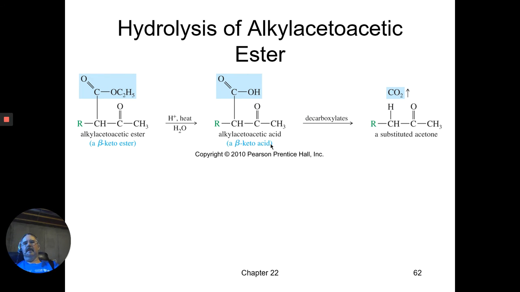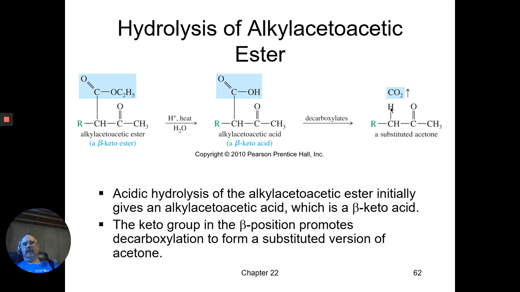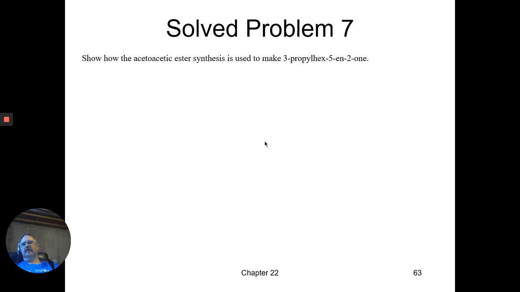And then when we hydrolyze, we convert the ester into the ethanol and the carboxylic acid. And then upon heating, this loses carbon dioxide. And the mechanism for decarboxylation is very similar to that of malonic acid decarboxylation.